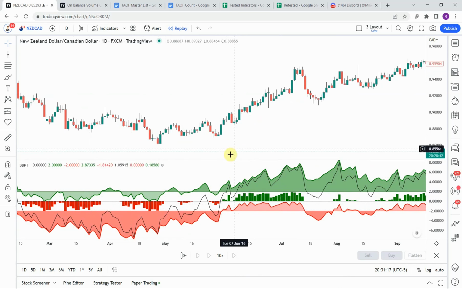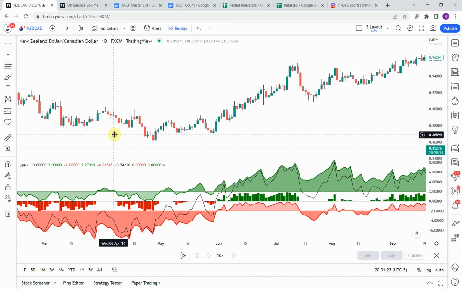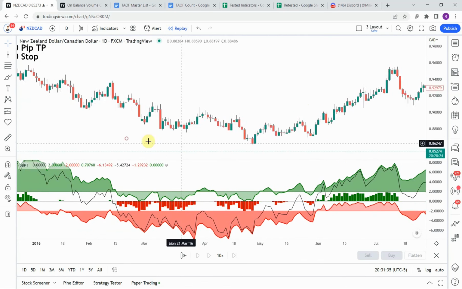Green obviously being the bulls, uptrend, the red being for the bears in a downtrend. In the original test, we basically looked for the histogram to break out in green, we would go long. When it broke out in red, we would go short.